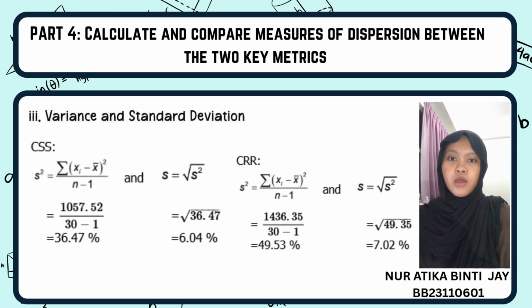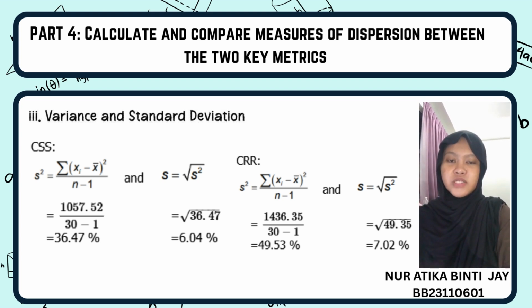6.04%. For customer retention rate, the sum of squared deviations is 1436.35, and dividing by 30 minus 1 gives a variance of 49.53%.